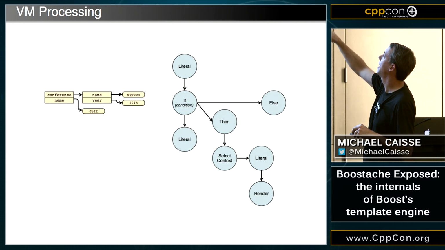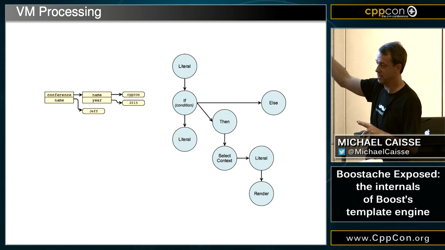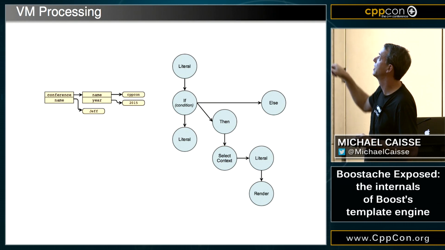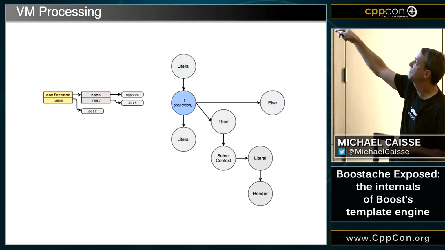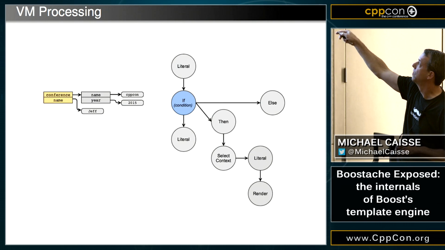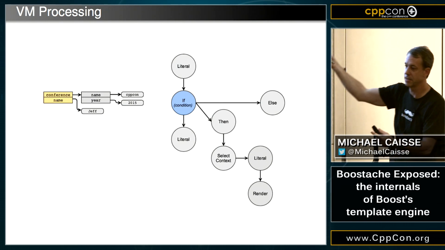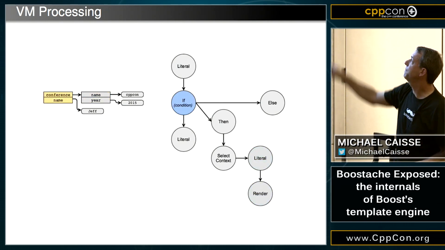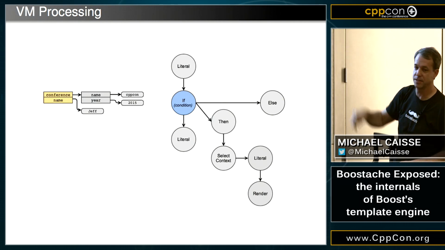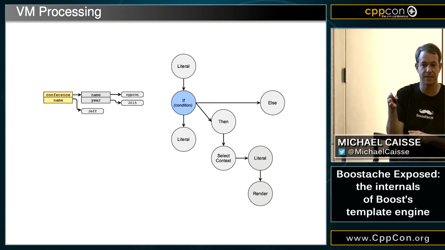My AST that I just read in, that I'm just getting passed into the engine, looks like this. A literal, there's an if condition, there's some things going on here. Let's walk through this. The if condition is going to start here, and it's going to do whatever the test tells it to do. And if the test is true, then I want to actually descend on the data side. So you remember before with the select bits and pieces, with sections in Mustache.